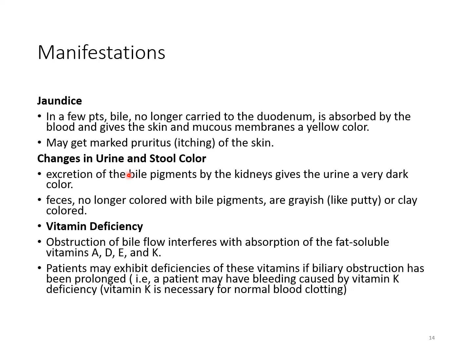The changes in the urine and the stool color. Some of the bile gets excreted by the kidneys, so they're going to have a dark color in terms of the urine. The feces, however, will be putty or clay-colored because the bile is not advancing like it should be, right? It's not moving along like it should be in terms of your digestion.